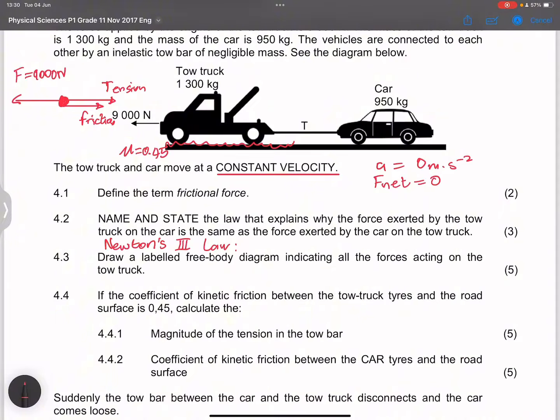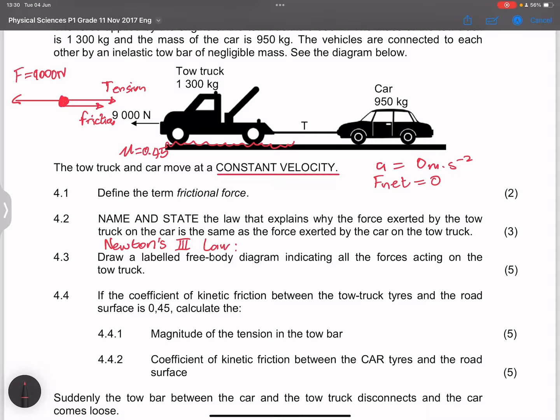All right. So what are we looking for? We're looking for the tension in the tow bar. But I want you to note, ladies and gents, I have not been able to obtain the value for friction just yet.